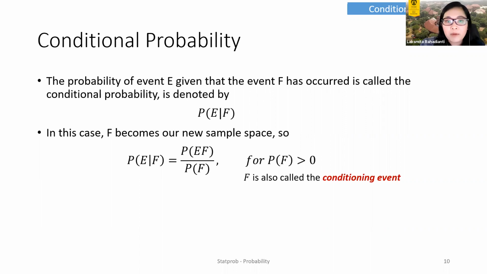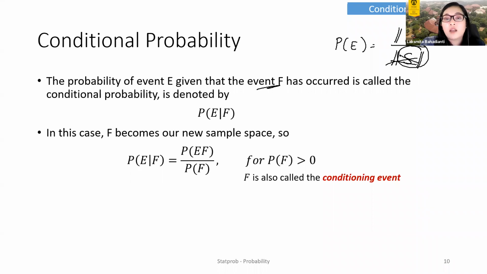If you remember, when we compute the probability of a certain event, we compute the number of members of the set of that particular event, as well as the number in the sample space. But since our sample space has now changed to the event F itself, the bottom part changes.